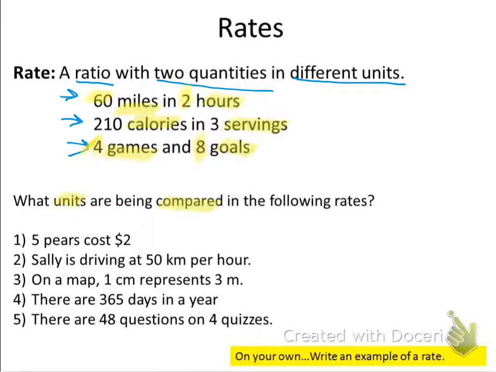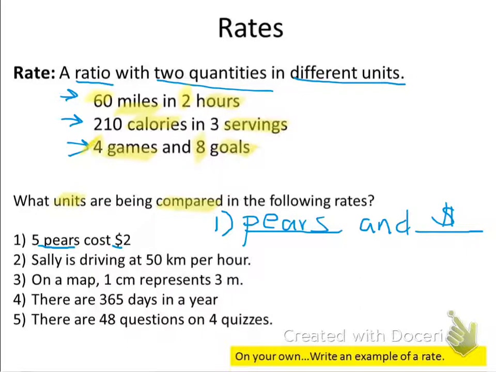So for the first one, first it says 5 pears cost $2. The units that are being compared are pears and dollars. So on my handout, it looks like this. I would write pears and dollars. So you're going to go through and do that for each question.